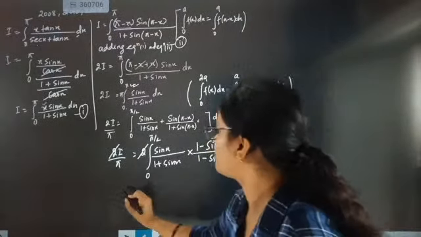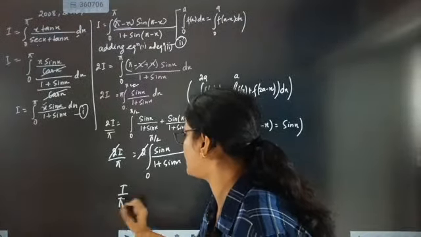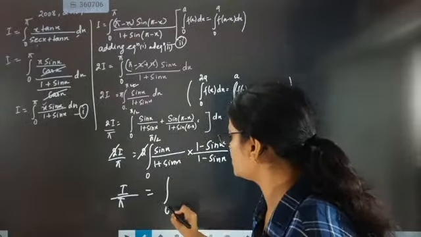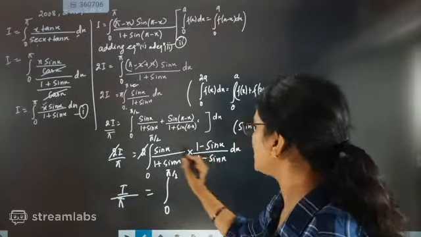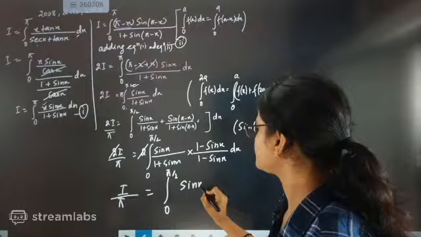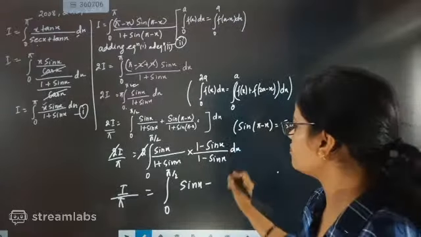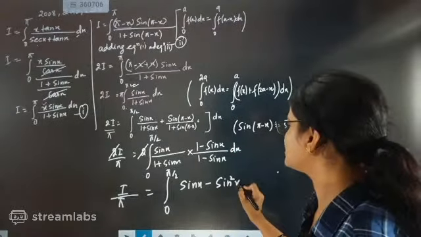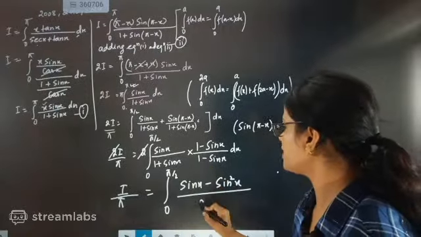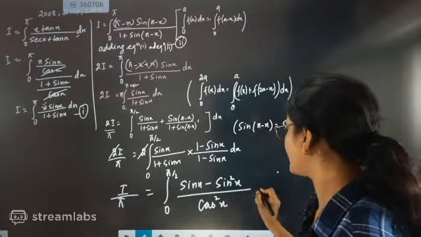Now here, I by pi will be there, and then it is going to be 0 to pi by 2. Now you have sine x minus, again, it is going to come as sine square x, and the denominator part is going to come as cos square x dx.